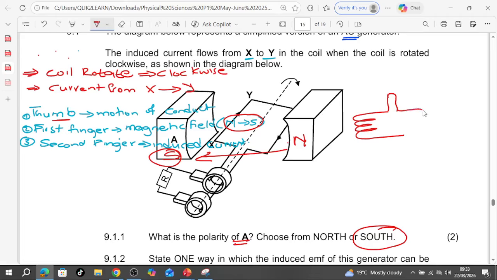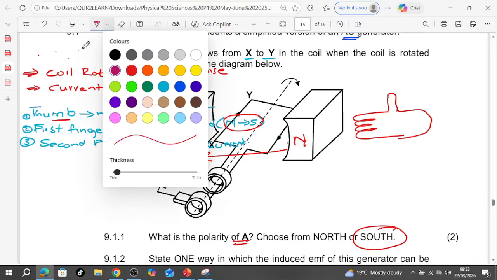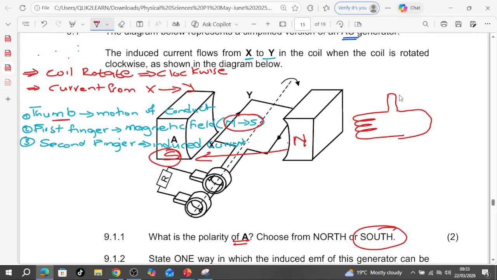On my thumb, the thumb tells us that this is the motion of the conductor. So it's pointing out because this has to go clockwise. So you'll have your right-hand rule, and you'll have your thumb pointing out of the page.